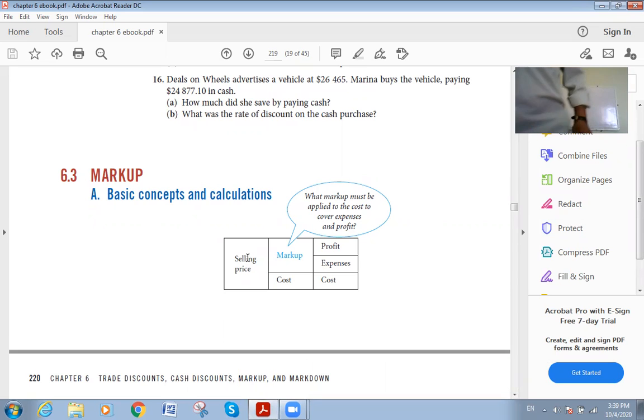As an example, I am selling this glass. So how much did it cost me? It cost me $3.